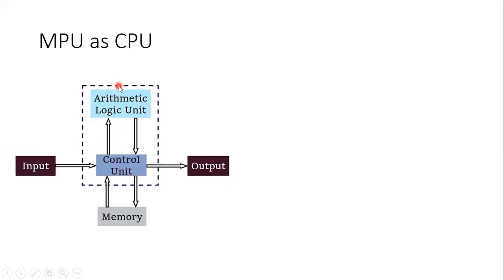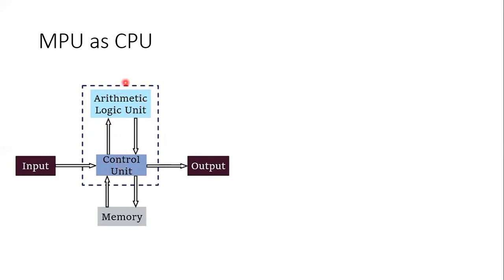Okay? Therefore, here the CPU consists of the ALU, which performs arithmetic operations such as addition, subtraction, multiplication, division, etc. Then the logical operations AND, OR, NOT.